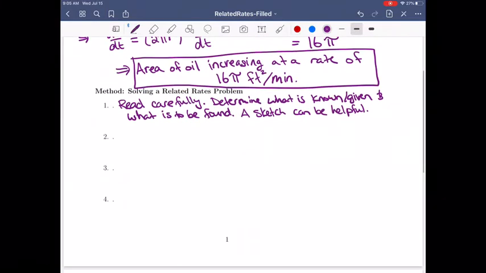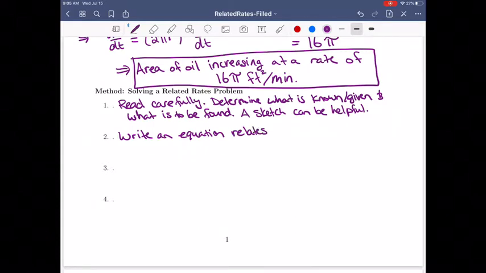Then we want to write, or find, an equation that relates the variables that you either have or want rates of.